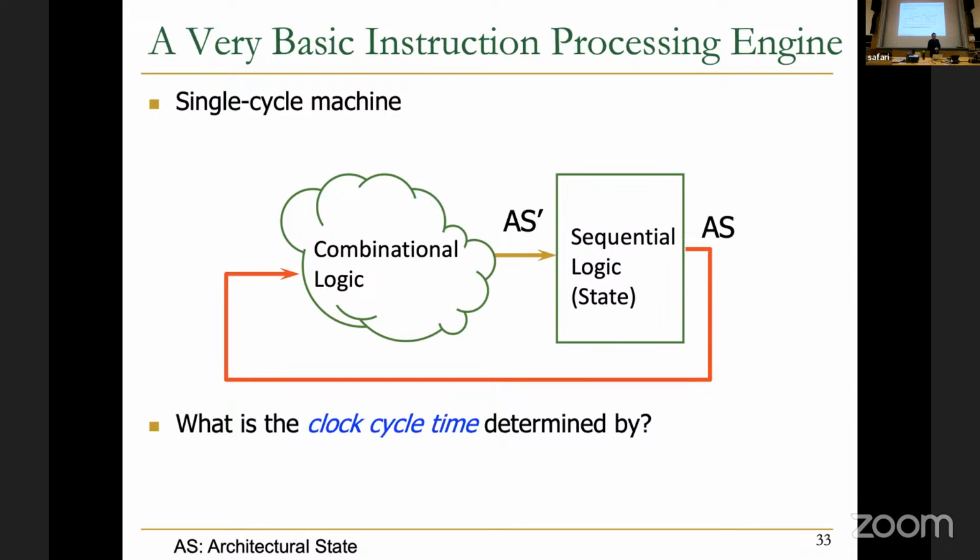So, of course, an obvious question here is, what is the clock cycle time determined by here? Any takers? Nobody? Yes, go ahead. Exactly. Basically, the critical path of the combinational logic plus the sequential overhead, right? So what is that determined by? At a higher level.